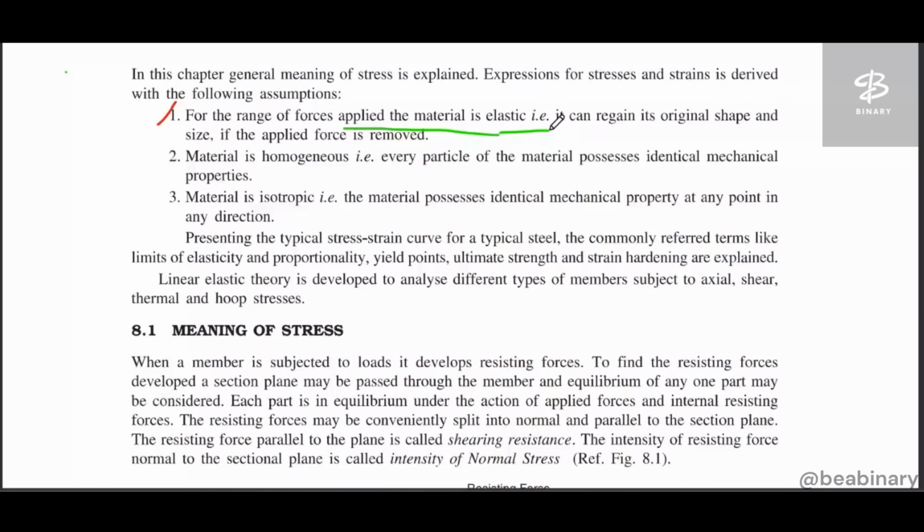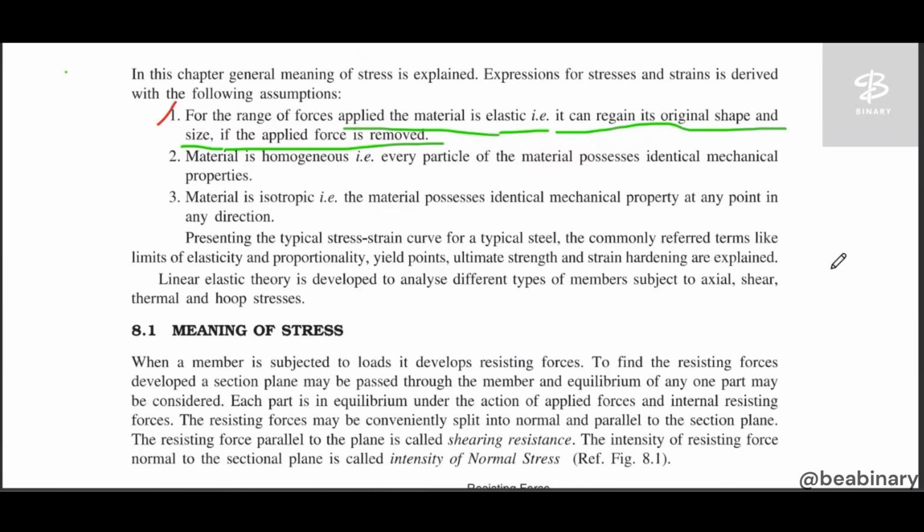So for the range of forces applied, if the material is elastic, then it can regain its original shape and size if the applied force is removed. I have already discussed this in one line. If force is applied on the body, some distortions are present on the body. After removing the force, this distortion disappears from the body. That is called elastic body.